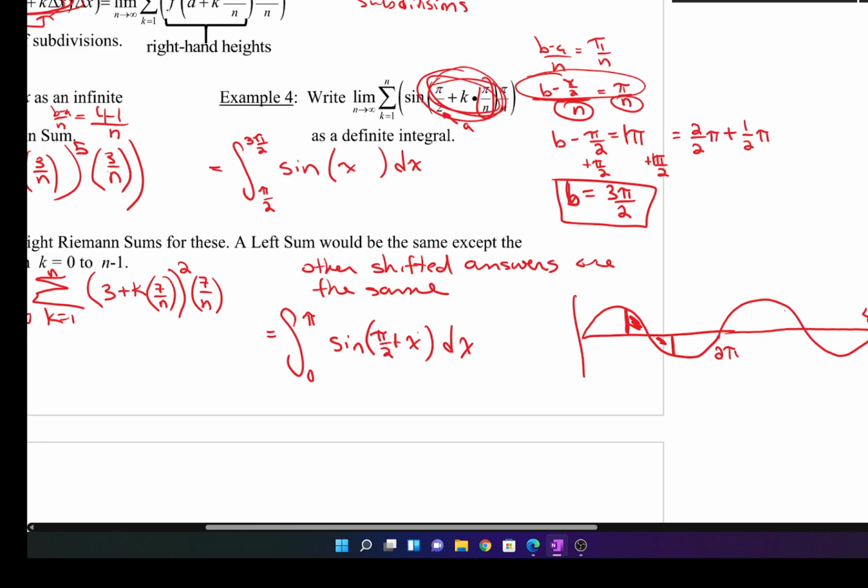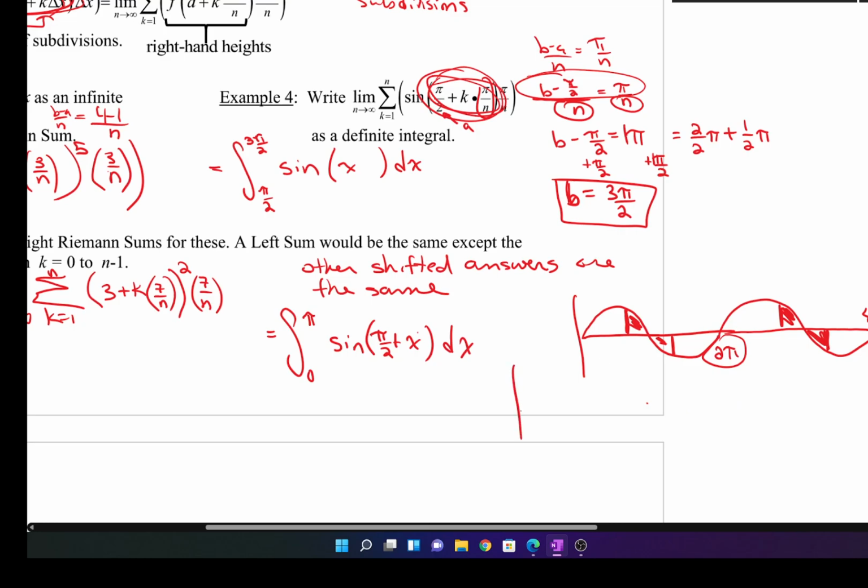Okay, sure, but that area would literally be the same area as this. And so I'm adding a 2 pi to it. So sine of x is the same thing as sine of 2 pi plus x. This is a fact. These are true things.